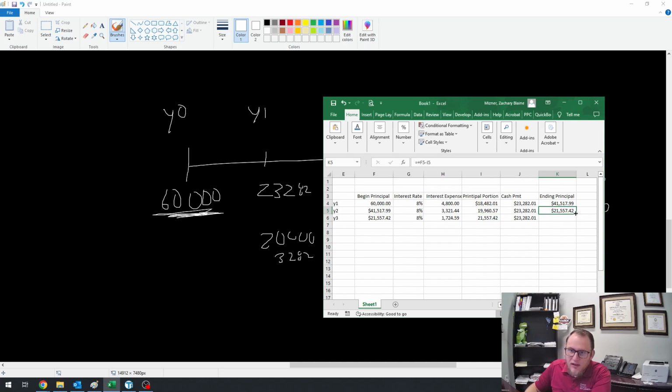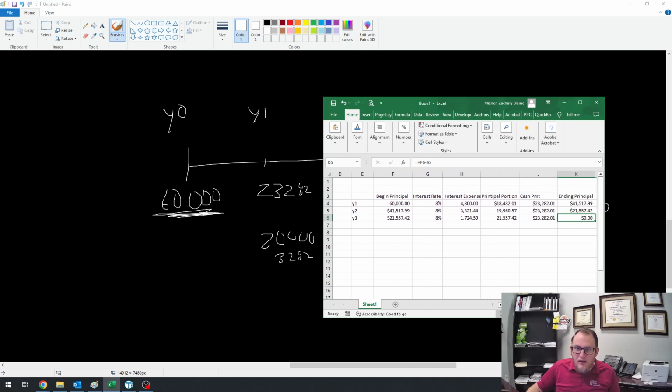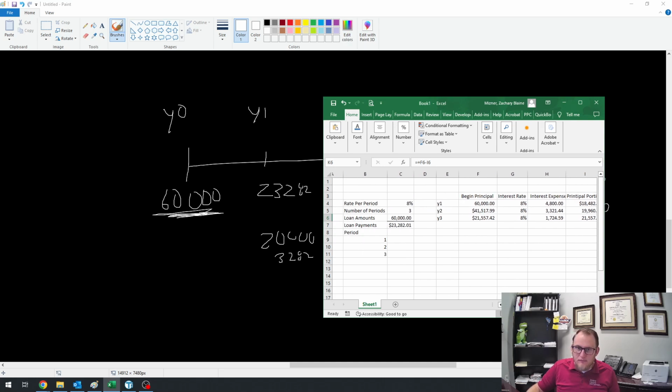So if I take this formula and do it one more time, we have a loan balance of 0. And that's what that Excel formula did over here. It calculated how much the principal payments are going to have to be in order to get this formula down to 0 at the end.